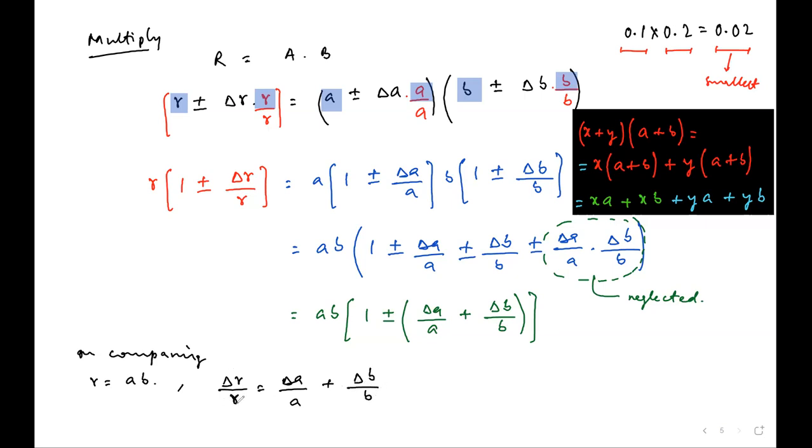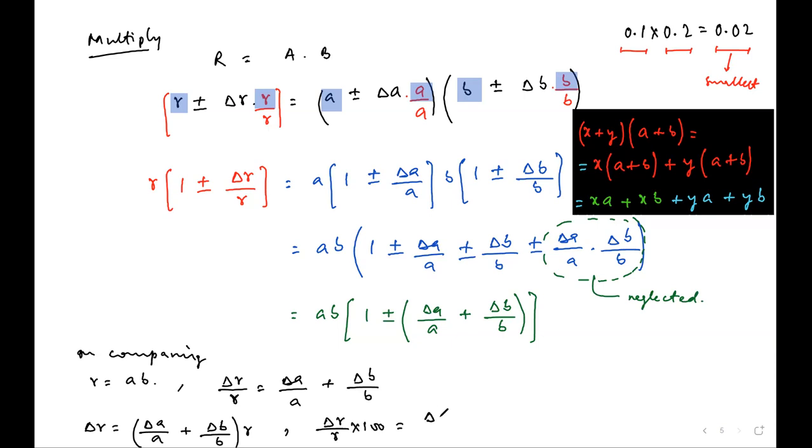This is fractional error. If you have to calculate delta r only, move this r to the other side, you will get delta r equal to delta a by a plus delta b by b, multiplied by r. And if you want to calculate percentage error, just multiply it by 100.